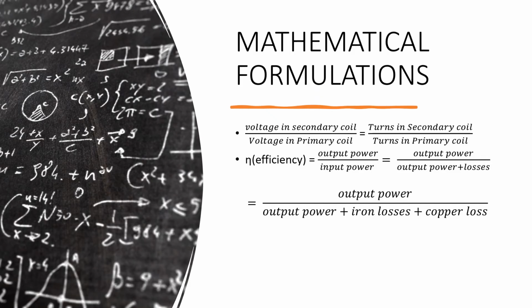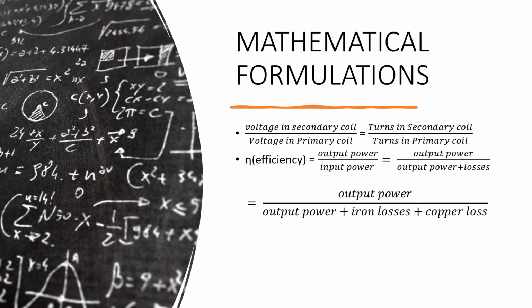Now we'll discuss the basic mathematical formulas which can help us find the properties of a transformer. The voltage in the secondary coil divided by the voltage in the primary coil is always equal to the turns in the secondary coil divided by the turns in the primary coil. This we get from conservation of energy.